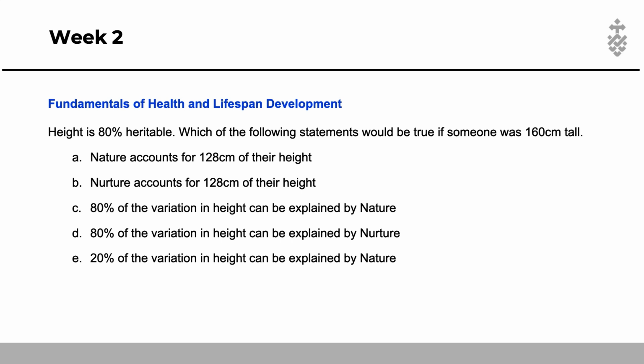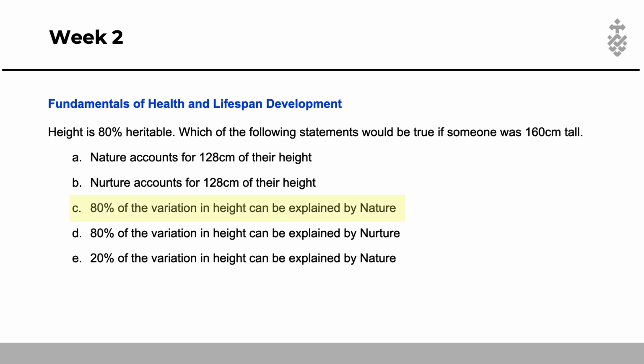But if you think about that logically for just a second, what that would mean is that this 160 centimeter tall person genetically should be 128 centimeters, but they've grown 30 centimeters just from nurture, just from their environment, right? So that definitely can't make sense. And then B can't make sense either, because our environmental context, our nurture, definitely can't produce 128 centimeters of our height. So it's got to be either C, D, or E.